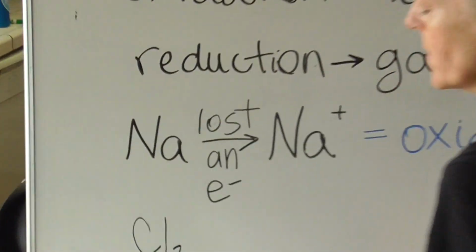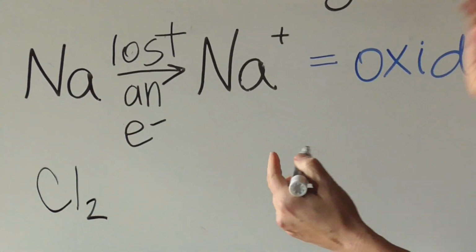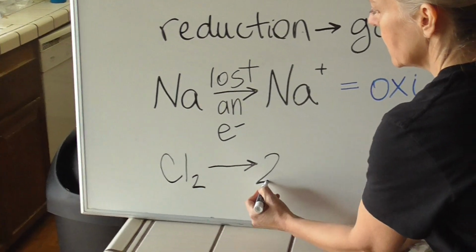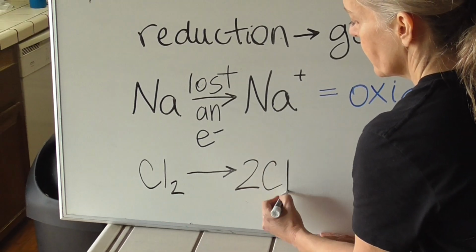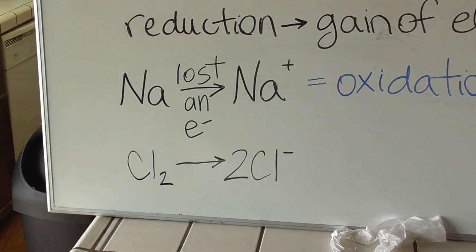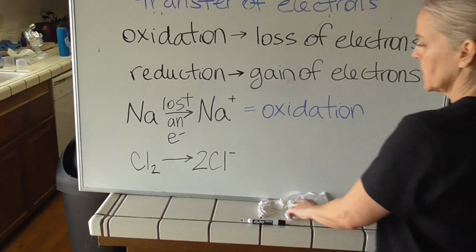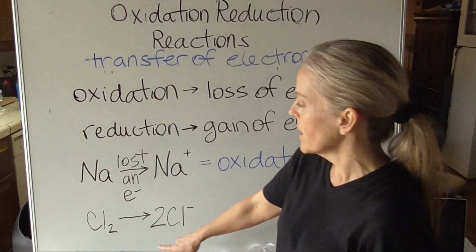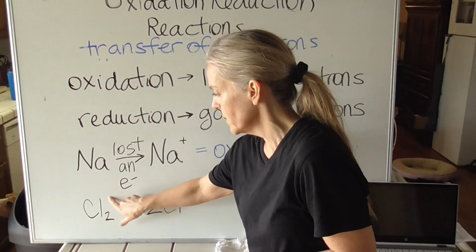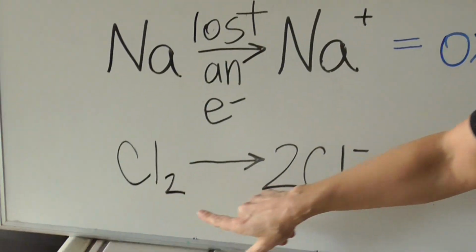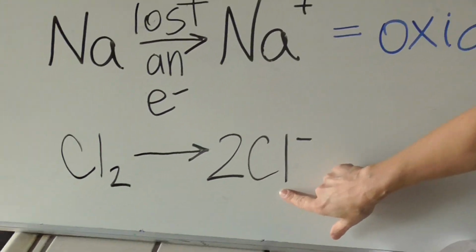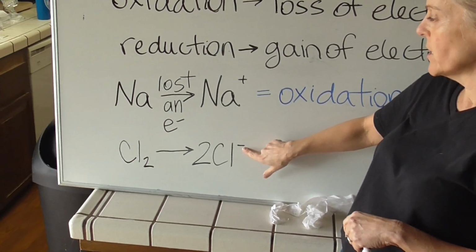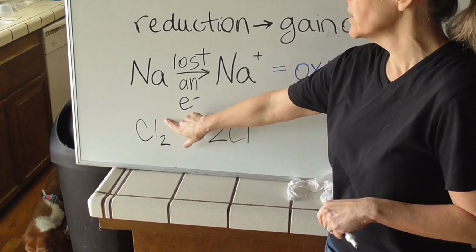And then you could have something like Cl2, and I'll write it that way because chlorine's always diatomic, turning into 2 chloride ions. Again, this will be the oxidation states or numbers that you learn, but this is neutral. There's nothing here, it's just chlorine. And it goes to Cl minus. So this has a negative charge. This didn't have a charge.